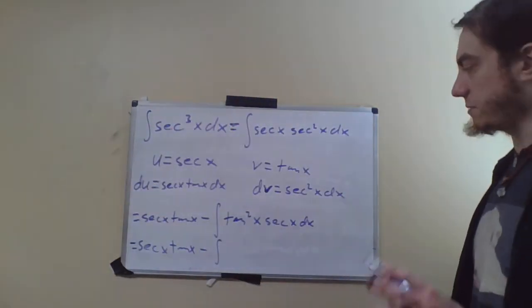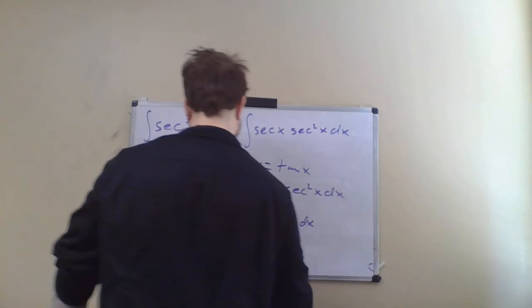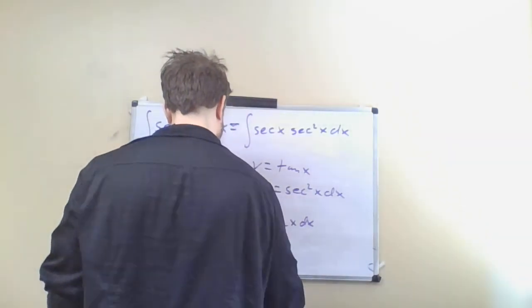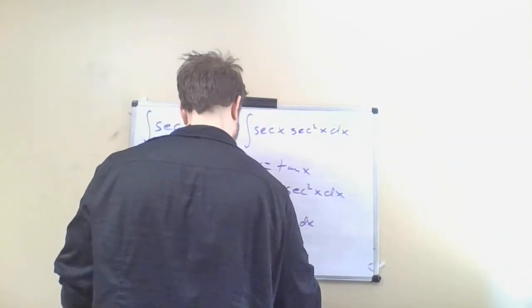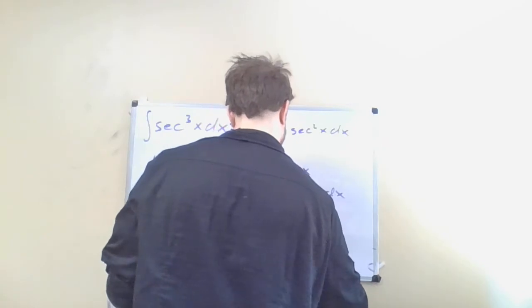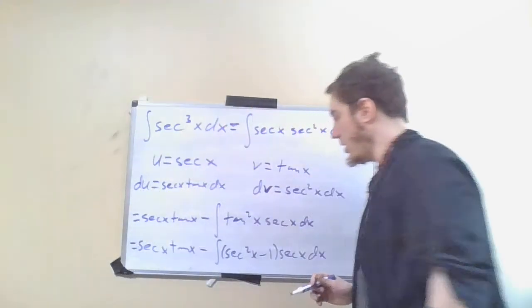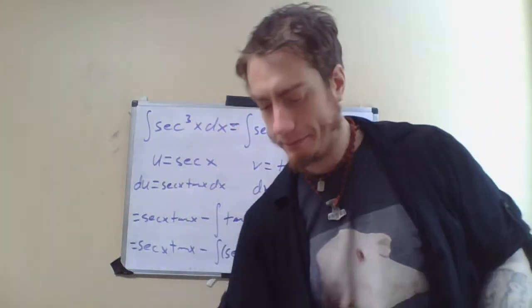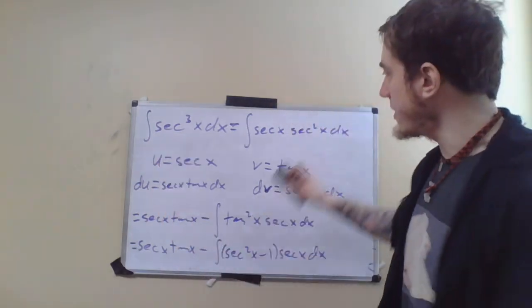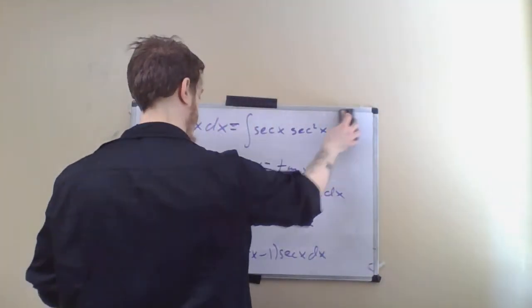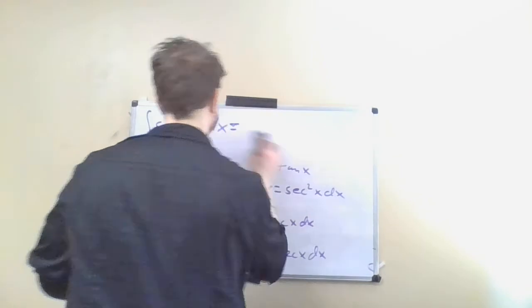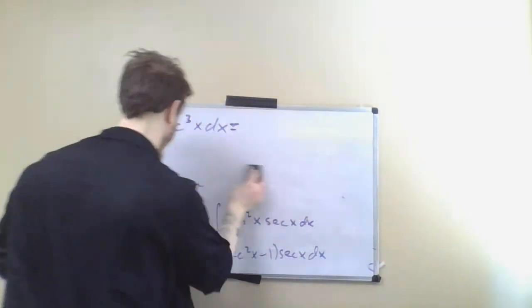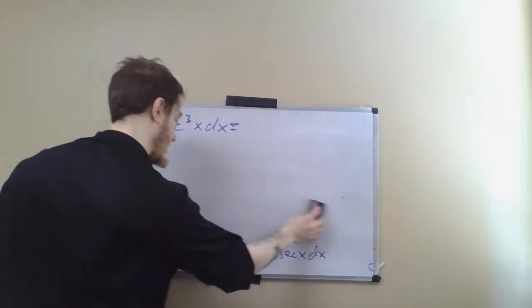Remember, we've done that multiple times today, where we've taken a tangent squared and rewritten it as secant squared minus 1. Okay, well, how does that help me? I need my eraser because I need some extra space up here. I'm going to leave this for now, and we'll see why in a second.